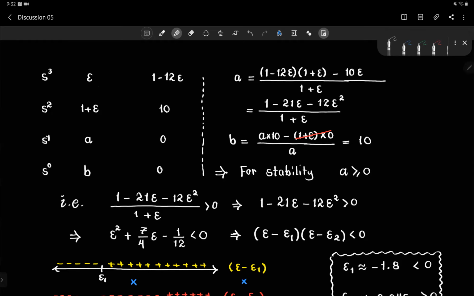Yeah. For the next steps, so A is greater than or equal to 0. For the rest of the steps, does it matter if it's greater than or equal to 0, or is it just greater than? So whenever you have something like this, the values for epsilon that happen to make it exactly equal to 0 are critical values.